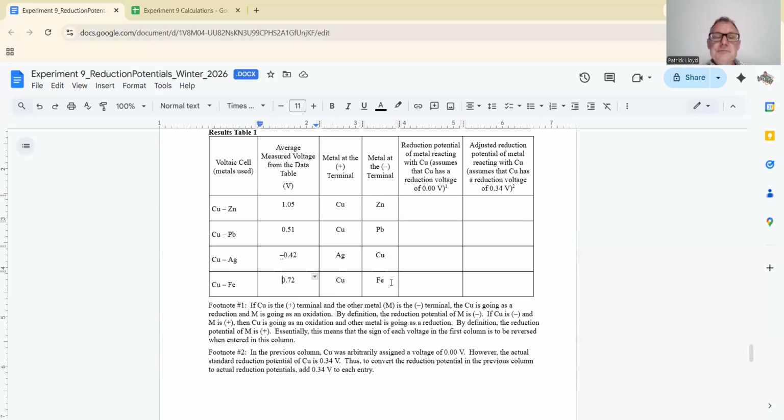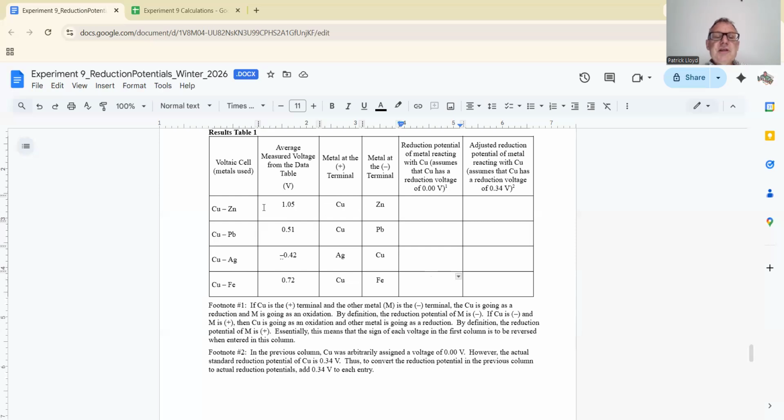Now, here's what we're going to do. In this column right here, the reduction potential of the metal reacting with copper. So all these are reactions with copper, right? Each time we had the red one on the copper. So that means we're really looking at the reaction of the other metal with copper. When we measure the potential for the cell, we're taking a measurement of the difference between the cathode and the anode.